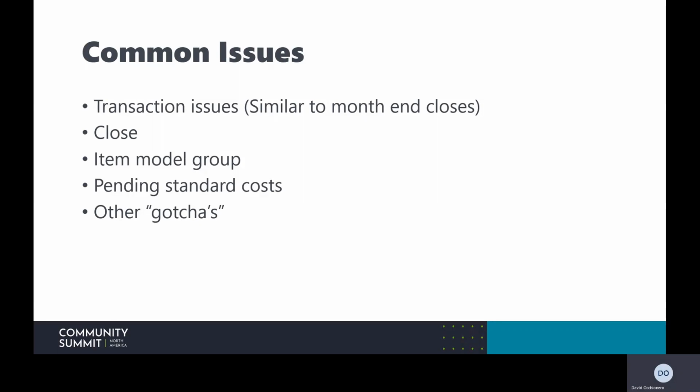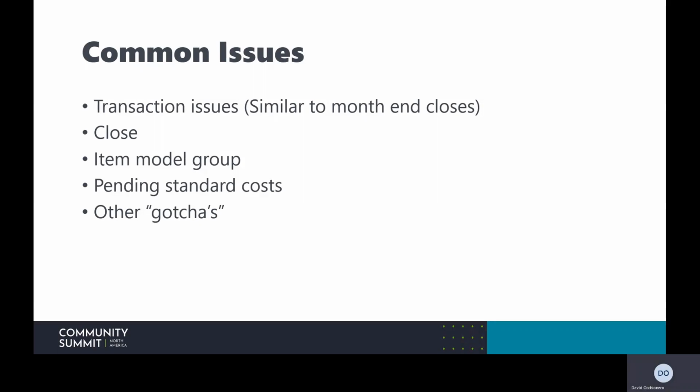If an item is a product master with multiple inventory dimension combinations, whether it's one or all four, a cost record must be entered for each one. And then if an item's pending standard cost has a from date that differs from the conversion date, the from date on the pending price has to be updated. So on that pending standard cost, there's a few issues that can kind of bubble up within that form.